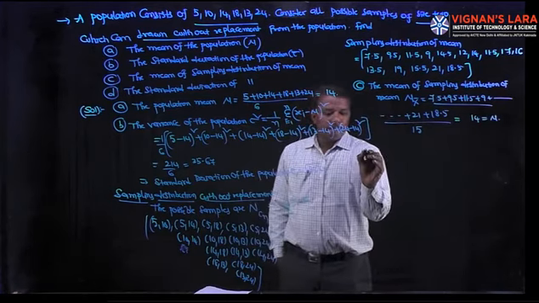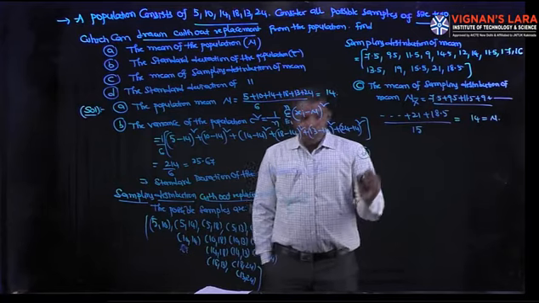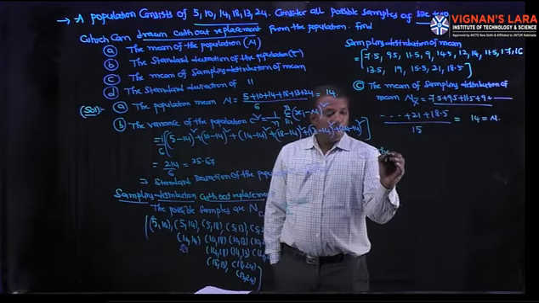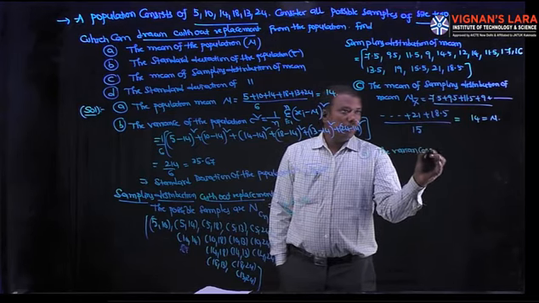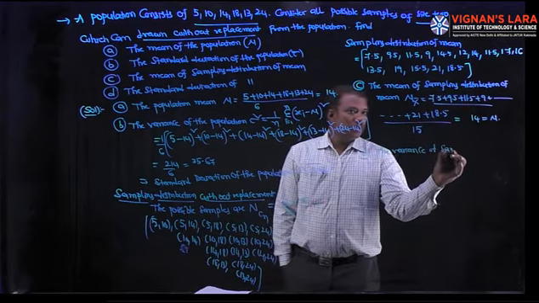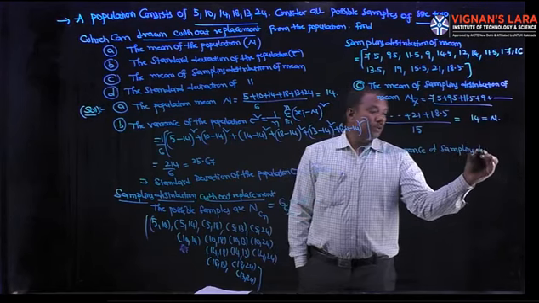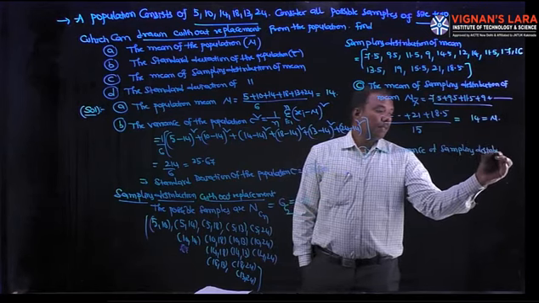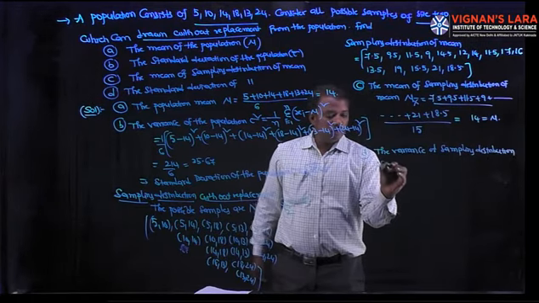Next, D: the variance of the sampling distribution of mean.